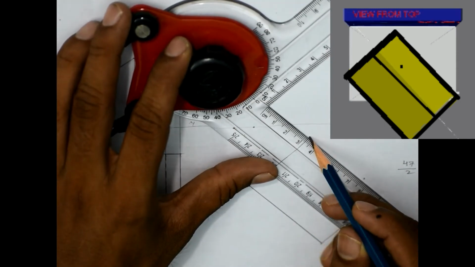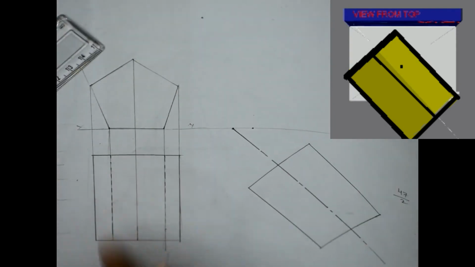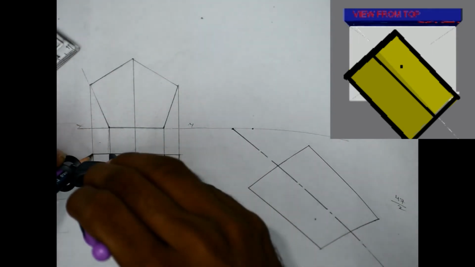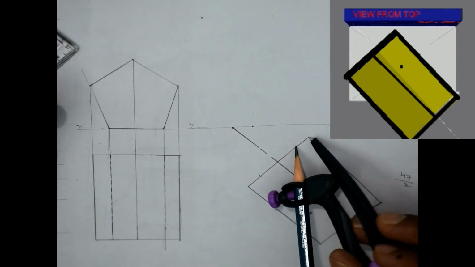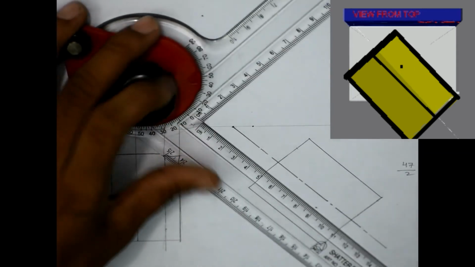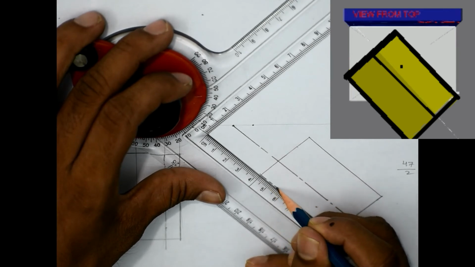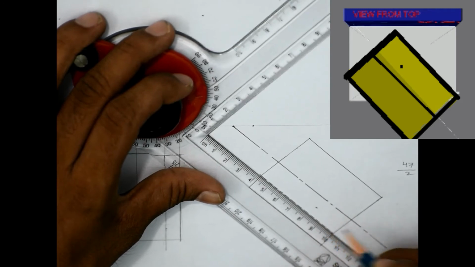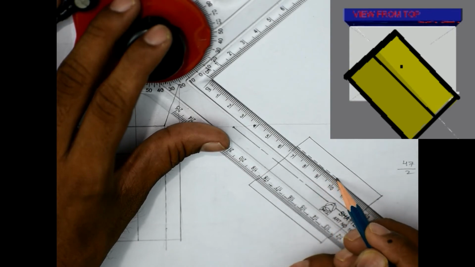Need not measure, we'll just take from these dimensions. And also this dotted line should be mentioned. For that we can just take it from this arc. You can cut here, as this is symmetric. These are the two edges which are not visible from the top, two longer edges which were not visible from the top.